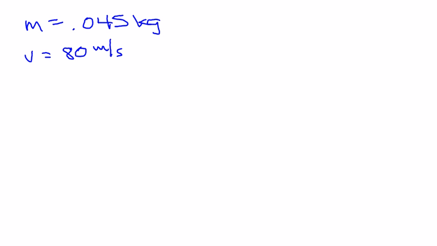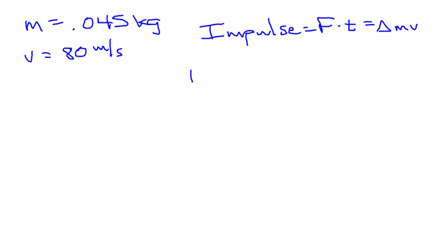So to do this, we remember that impulse equals force times time, but it also equals the change in mass times velocity. The ball's starting velocity is 0, so its initial momentum is going to be 0 also. So the impulse here is going to be equal to our mass times our velocity.